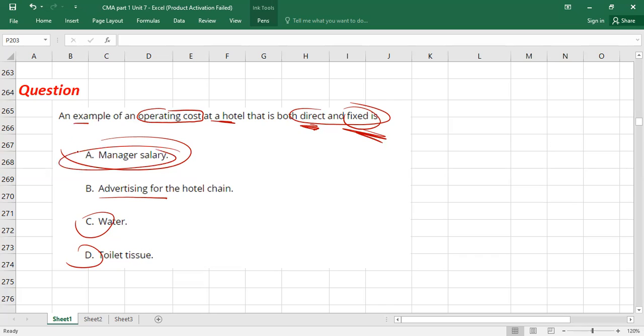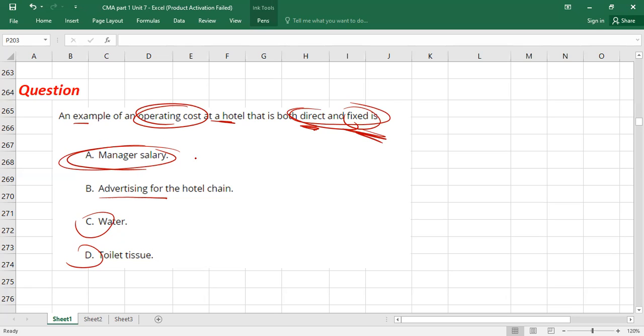Now, the question is not about direct or indirect, it is actually about operating cost. They're asking what is the operating cost of a hotel which should be direct and fixed. I guess the manager salary. The manager salary is fixed and it's an operational cost also.